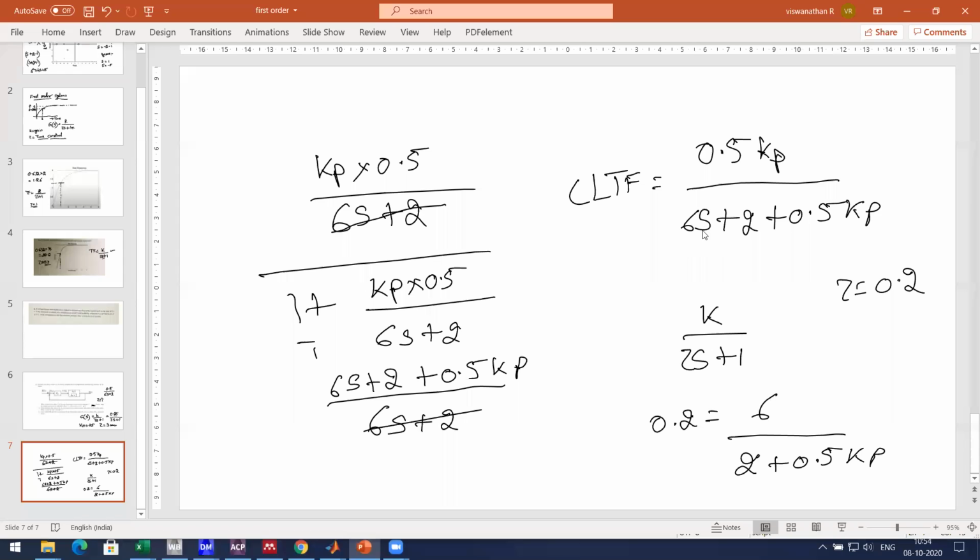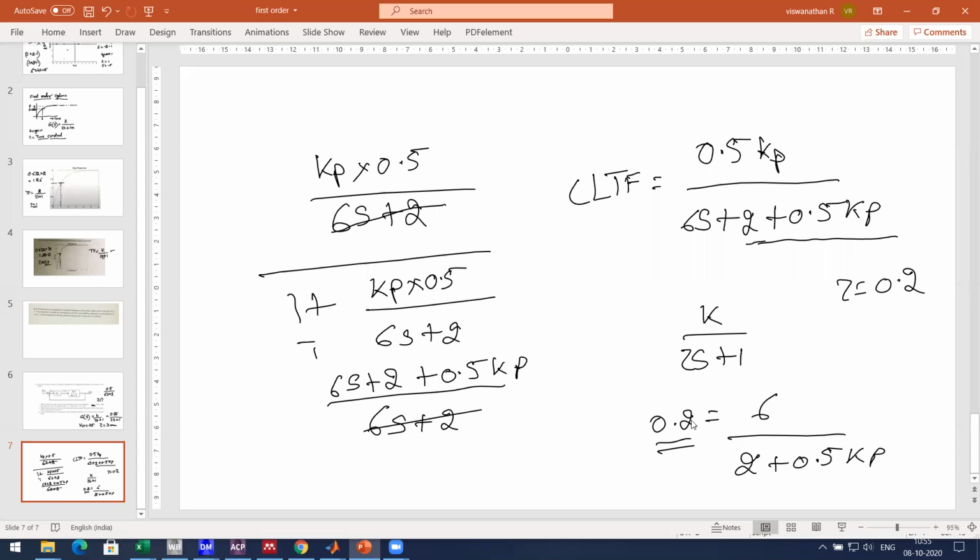If you put here 6 divided by 2 plus 0.5 times kp, then this term, the denominator 2 plus 0.5 times kp, will become 1, right? Yes, sir. Then 6 divided by this is equal to the time constant 0.2.